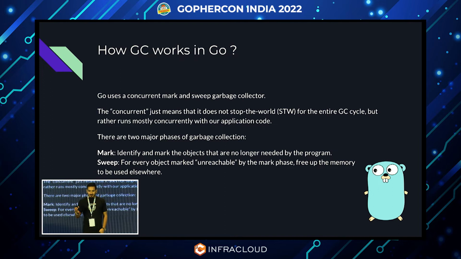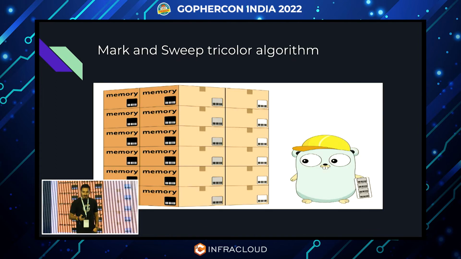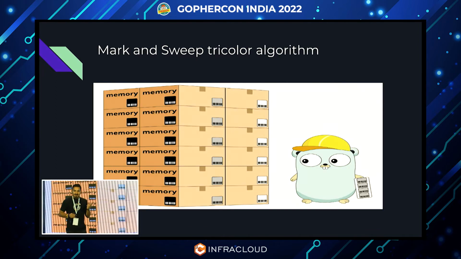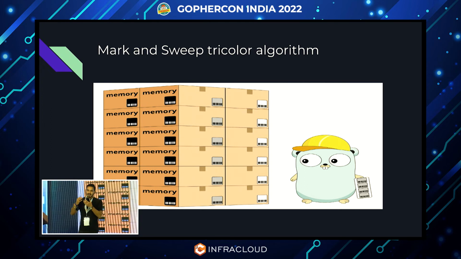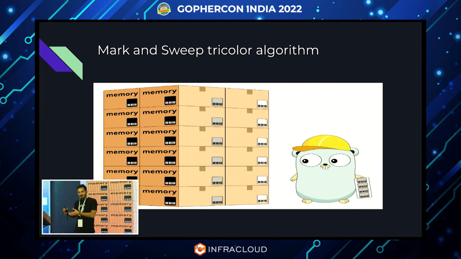So there are phases of GC. It uses the tricolor algorithm, which consists of mark and sweep phases. How does the tricolor algorithm work? There are 3 colors: heap objects are colored gray, black, and white.